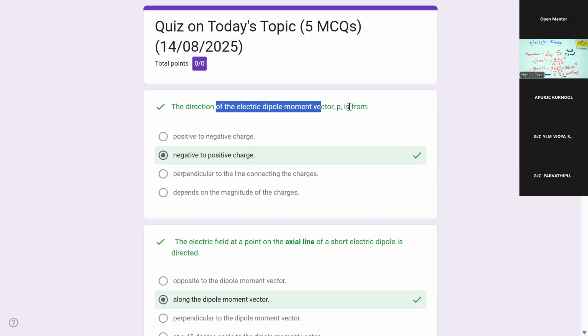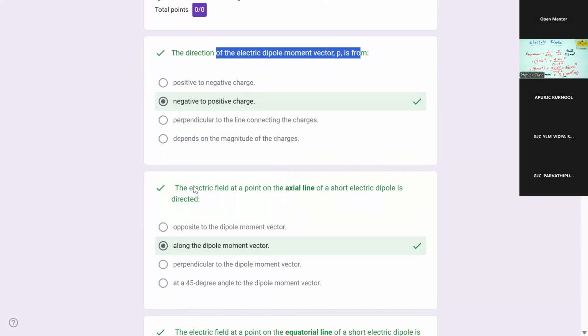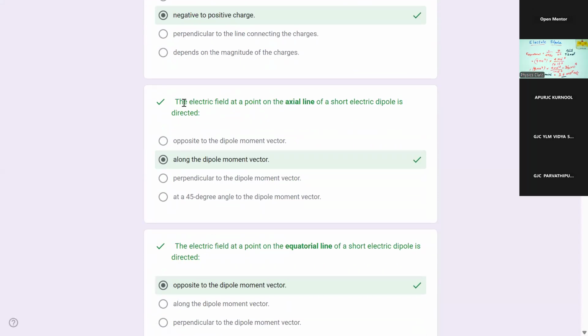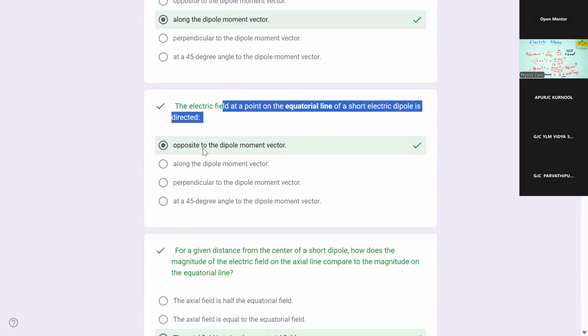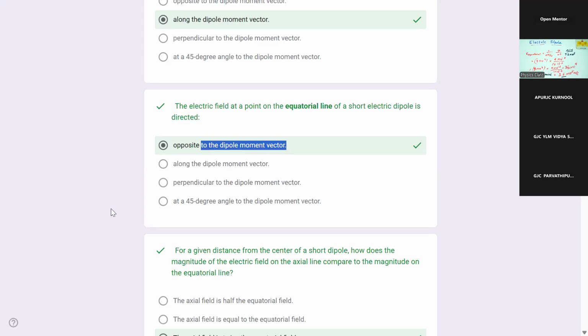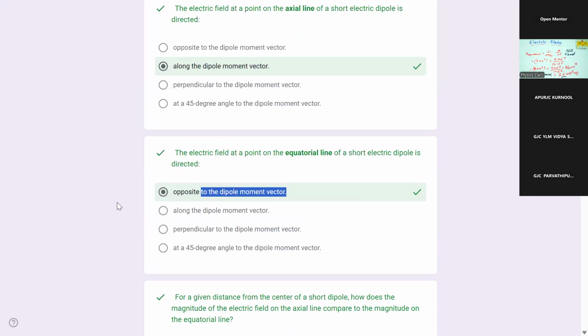The direction of the electric dipole moment vector P is always from negative to positive charge. For the second question, the electric field at a point on the axial line of the short dipole is directed along the dipole moment vector. For the equatorial line, it is opposite to the dipole moment vector. That's why we put E total in the minus P direction.